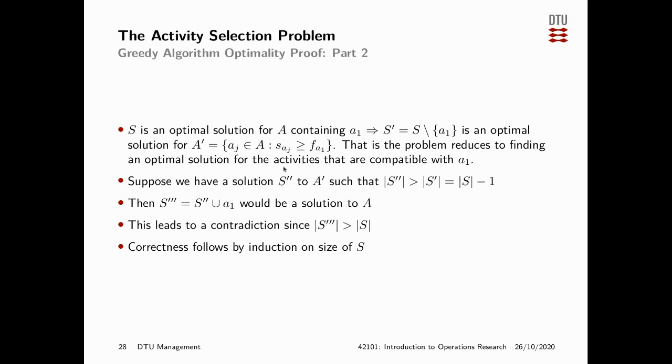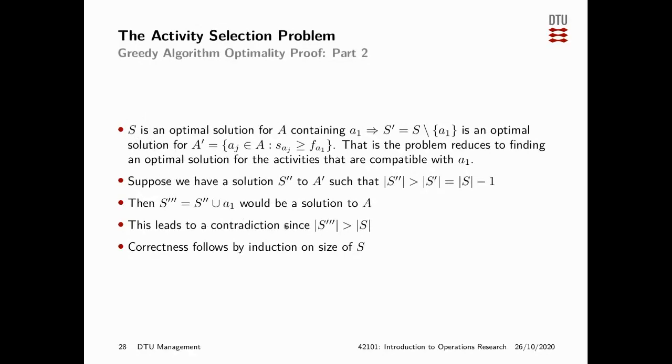If all of the activities in S prime prime are compatible with activity 1, and this set has a cardinality larger than this set, then I can always add the first activity to that set and get a larger set of activities than what is contained in S. And that can't be true because our assumption was that this is the optimal solution.